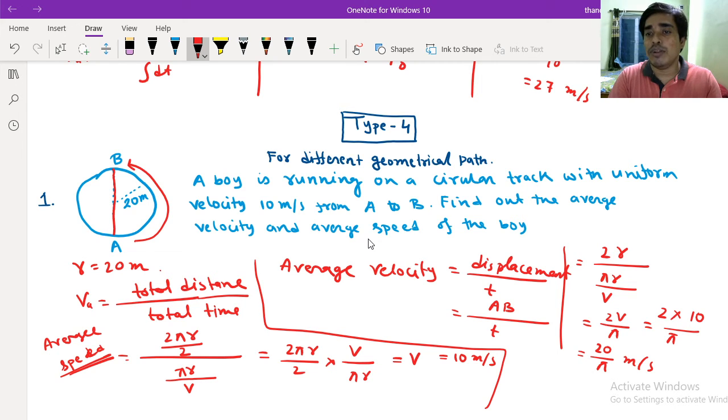So it will be 2v by pi, 2 into v equals 10, so it will be 20 by pi meter per second.